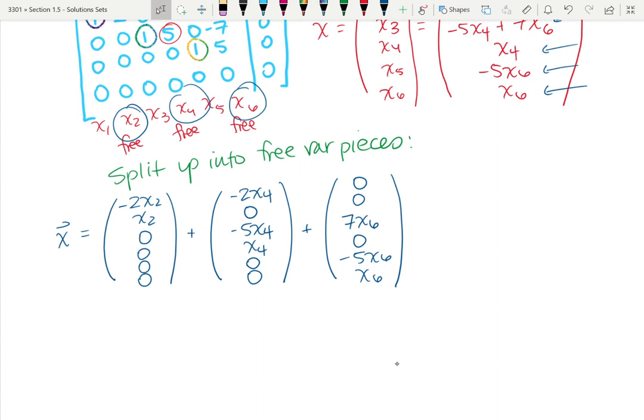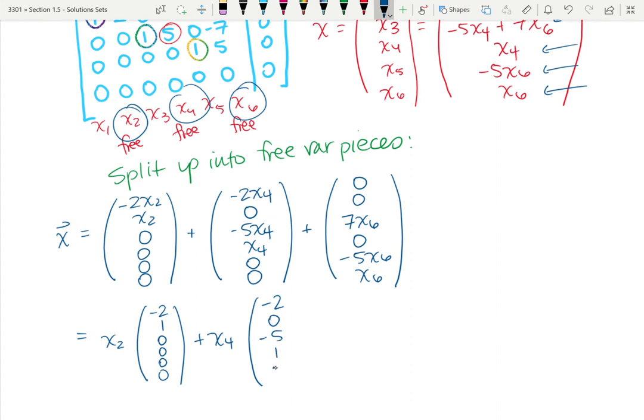And then with each of those free variables, we do what we did before and take it out as a scalar. So we're left with negative 2, 1, 0, 0, 0, 0. And here, negative 2, 0, negative 5, 1, 0, 0. Here, that x6 is taken out, and the coefficients that we're left with are 0, 0, 7 from right here, negative 5.